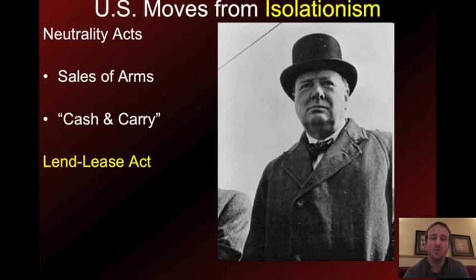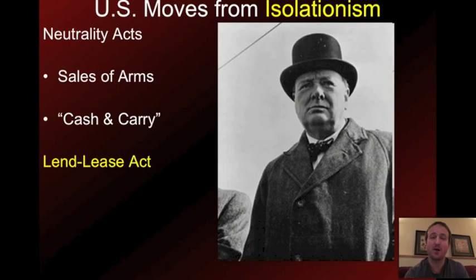But the reason why this is a big deal is because in 1940 World War II has begun and we are not trading with any of the Axis powers. However, we are still willing to do trade with those fighting the Axis powers, which would include a country like Great Britain. And that is exactly what we're doing with the Lend-Lease Act.